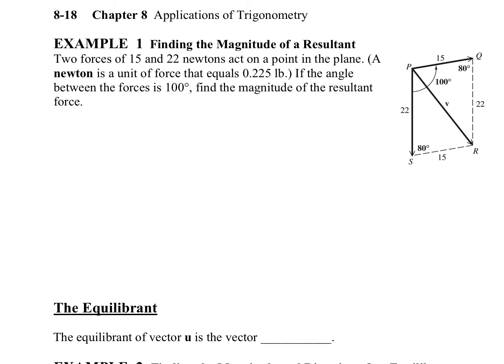A newton is a unit of force that is equal to 0.225 pounds. So we use pounds in the English system, but we use the word newtons in the metric system. If the angle between the forces is 100 degrees, find the magnitude of the resultant force.